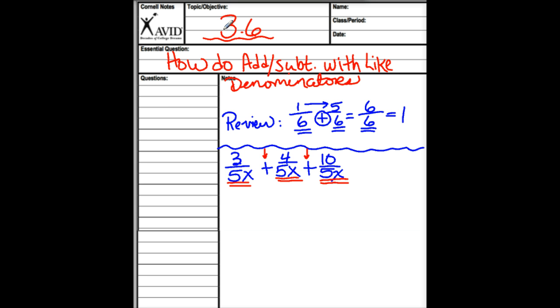So you keep it, and then you add up the tops. 3 plus 4 is 7, 7 plus 10 is 17, and I get 17 over 5x. And 17 and 5 don't share any factors, so that's done. If I'd had 15 over 5x, I'd have to reduce it more when I was done with it.